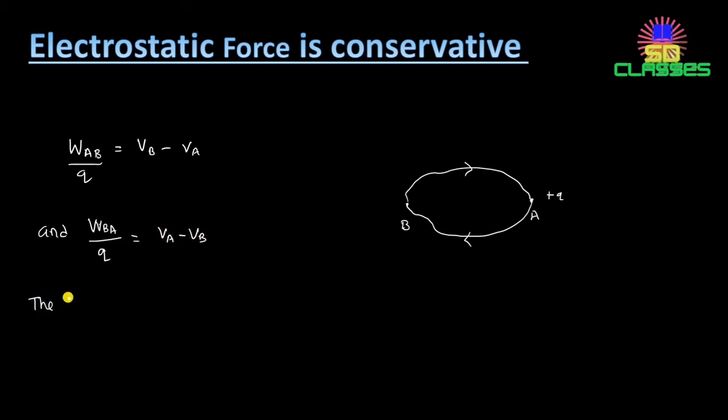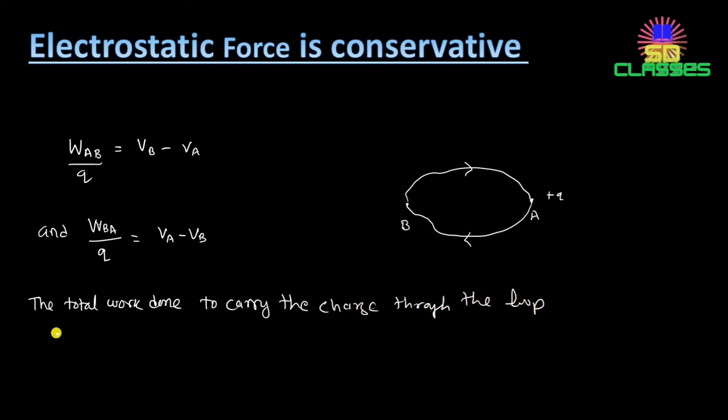So the total work done to carry the charge through the loop is WAB per unit charge plus WBA per unit charge, that is VB minus VA plus VA minus VB. So VB and VB cancel, VA and VA cancel, that equals 0. So you can see here the work done is 0.